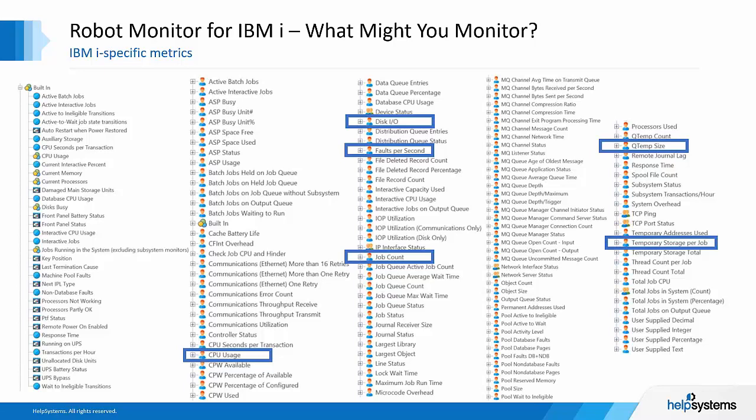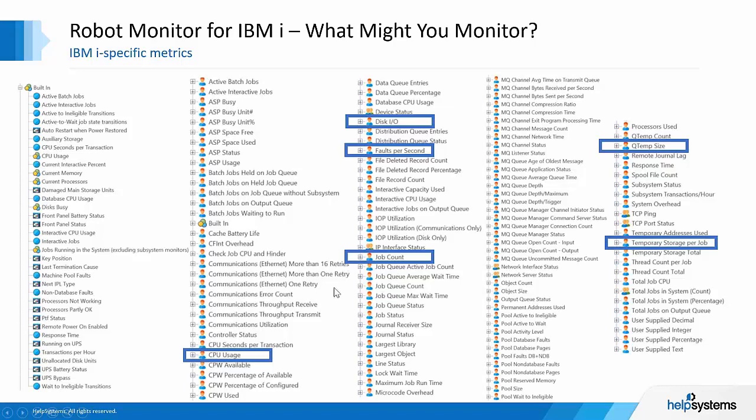There's quite a bit there, but we're going to focus on CPU usage, disk I/O, faults per second, job count, QTEMP, and temp storage when it comes to those QZDASOINIT JDBC connections. So how do we tell Robot Monitor to watch just that particular workload? First of all, Robot Monitor can watch overall CPU usage. That's one of our built-in turnkey monitors, along with auxiliary storage and everything you see here in the built-in list.